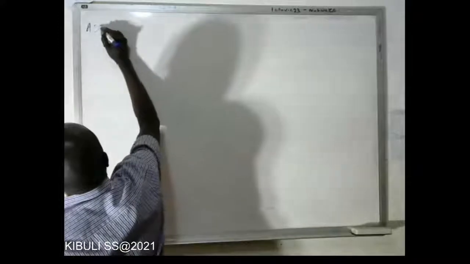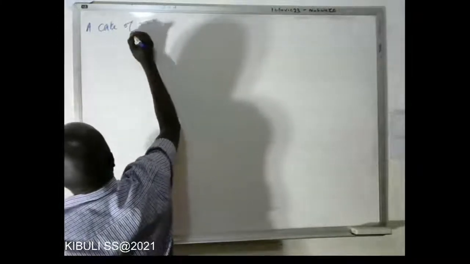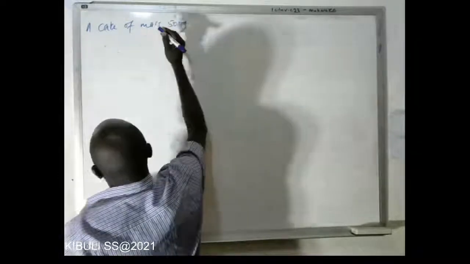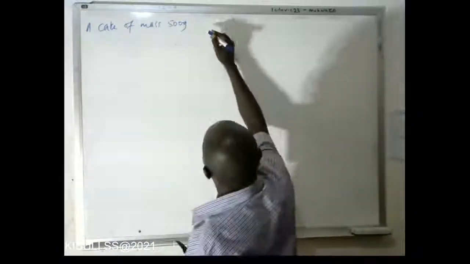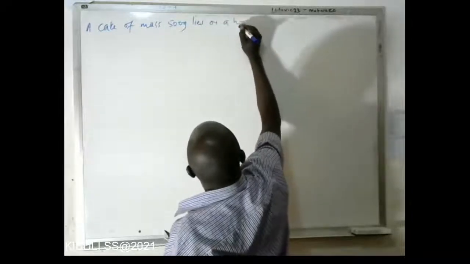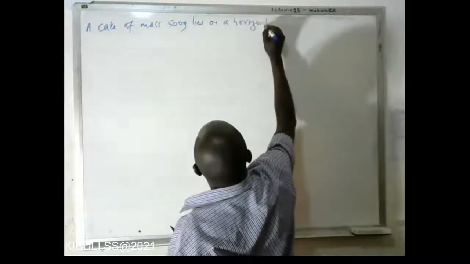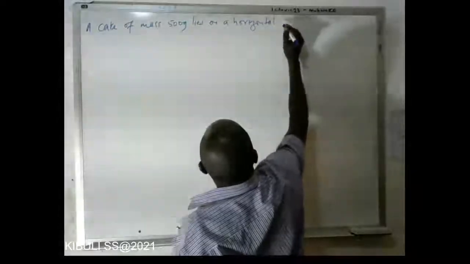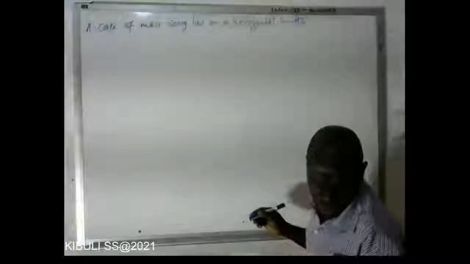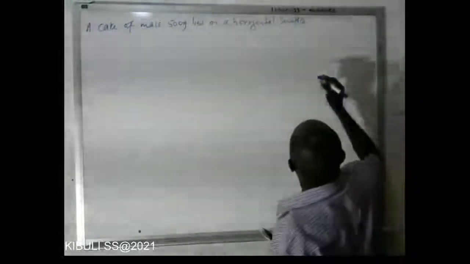A cake of mass 500 grams lies on a horizontal surface of a plate.